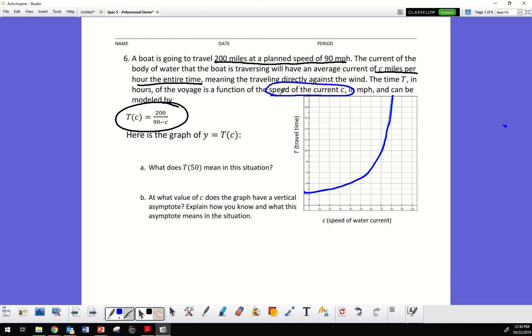So 50 replaced the speed of the current. So let's go through and figure it out then. So it means that at this time, the speed of the current is 50 miles per hour.